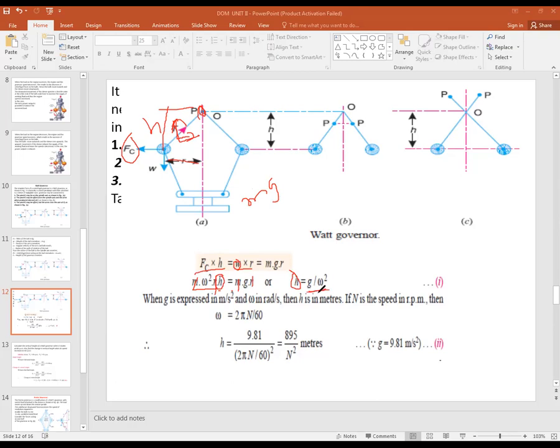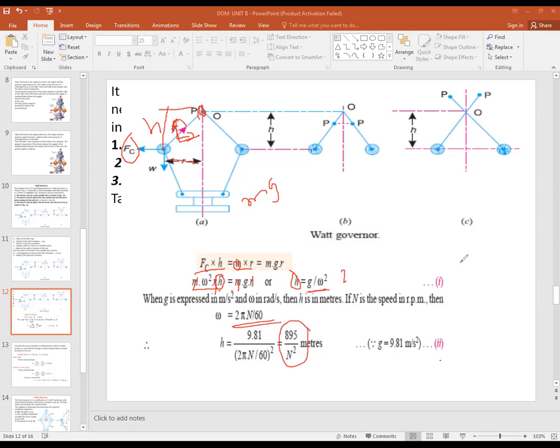h is equal to g by omega square. We know that omega is equal to 2 pi N by 60, which we already wrote here, so omega is substituted over here. Then 9.81 by (2 pi N by 60) whole square, which gives 895 by N square.